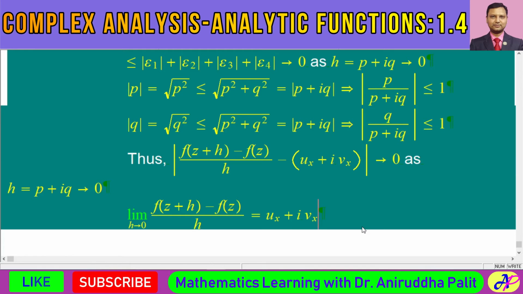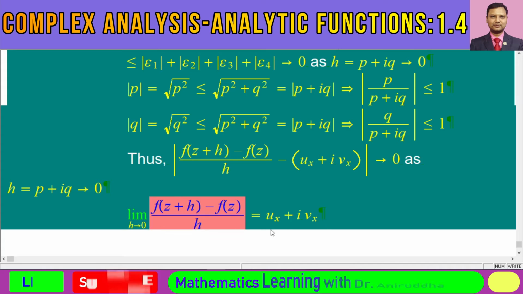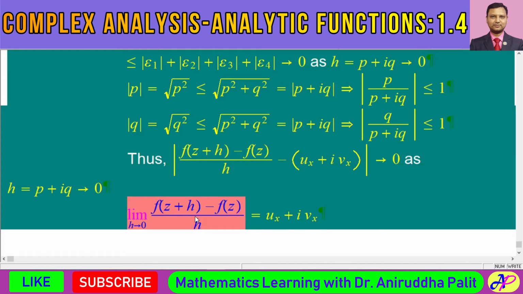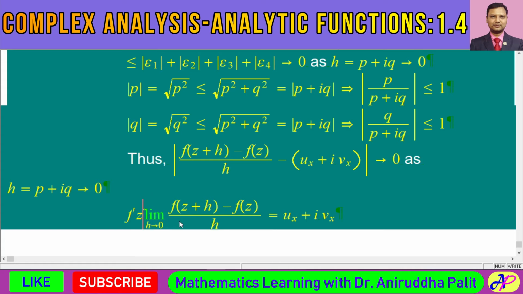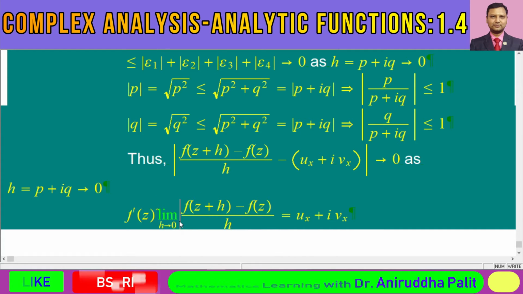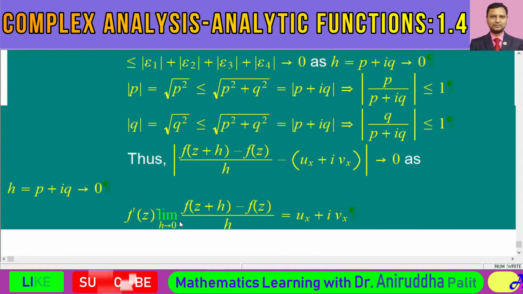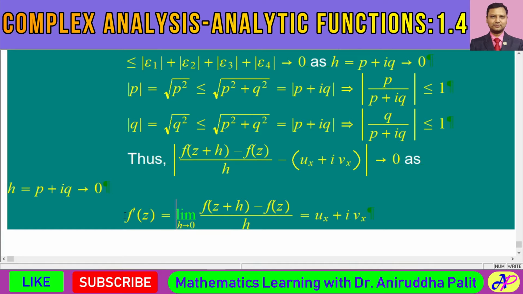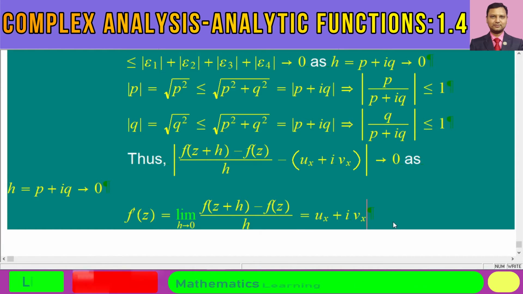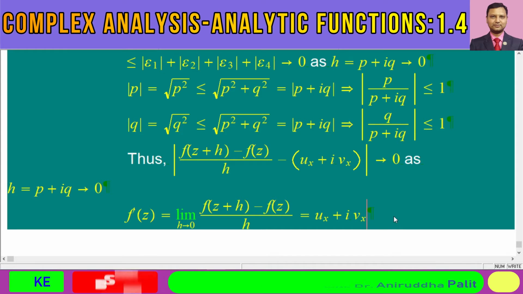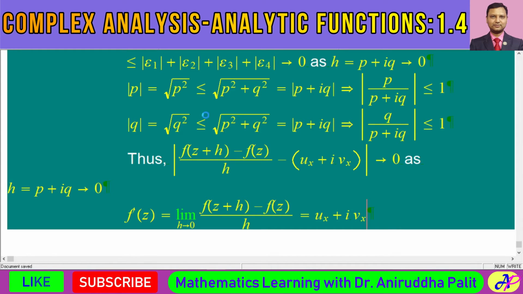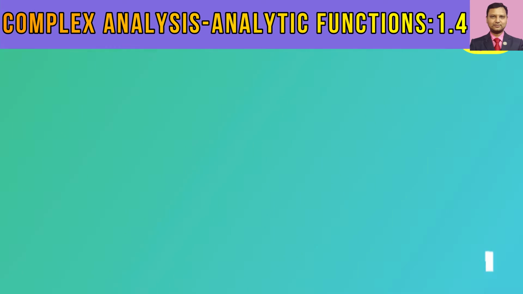Therefore, we can say that the function f is differentiable. Existence of this limit means the function f is differentiable, and this is nothing but f dash z. Therefore, the function f is differentiable at the point z or x plus iy. Okay, so this completes the proof of this sufficient condition.